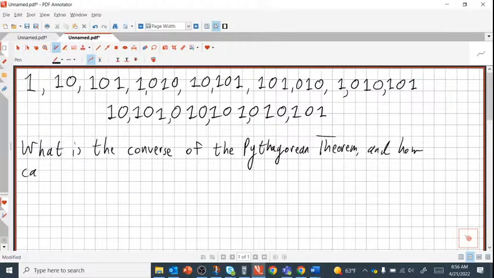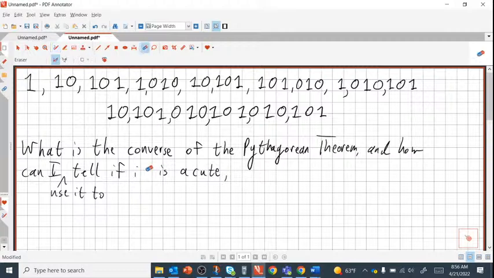And how can I use it to tell if a triangle is acute, obtuse, or right? There's a whole lot of ways I could have done that right. I went for none of them, clearly.